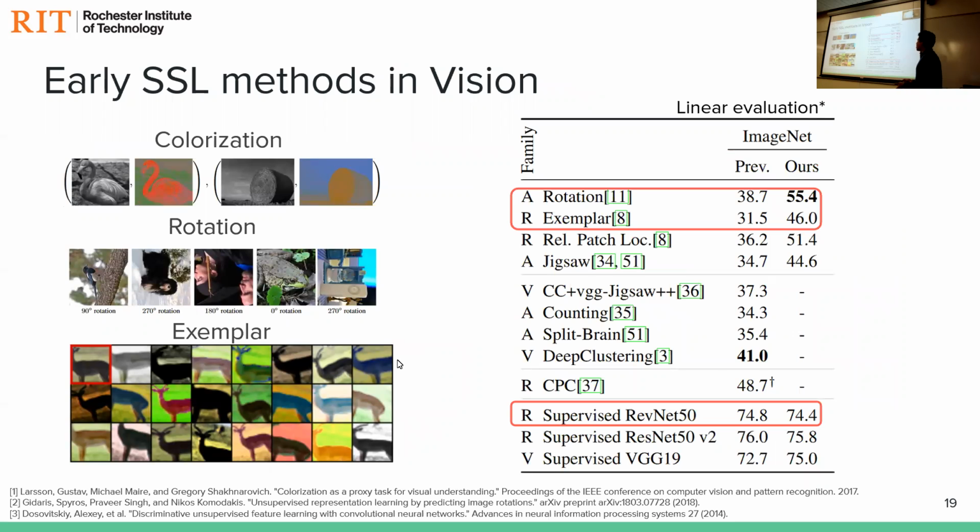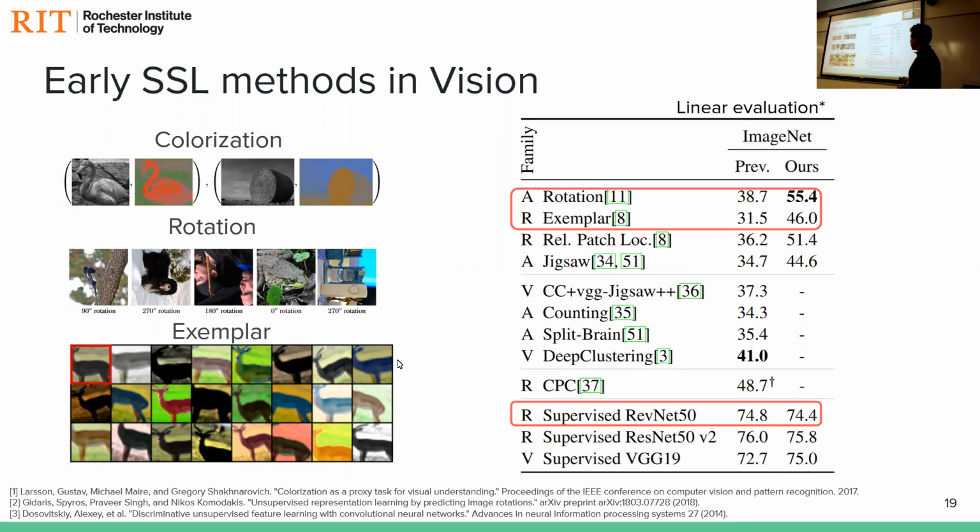So how does this actually happen? Early on, methods that did self-supervised learning on images had these kinds of proxy tasks. Since I don't have labels, I need to come up with something from my data. One way is the colorization task, where you try to predict the chromatic or the color of the image based on the luminance channel, which is just the black and white version of the image.